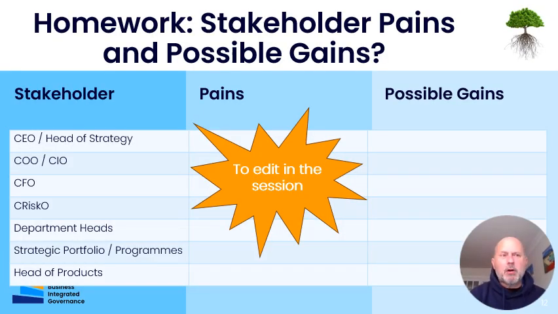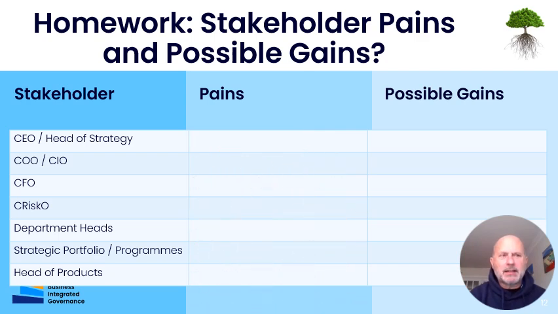Okay, step one, we might want to map out our high-level perception of our potential sponsors, protagonists, and detractors. For each of those roles, we try to grasp or anticipate what we think their pains and issues are, and what it is that they'd like to achieve.